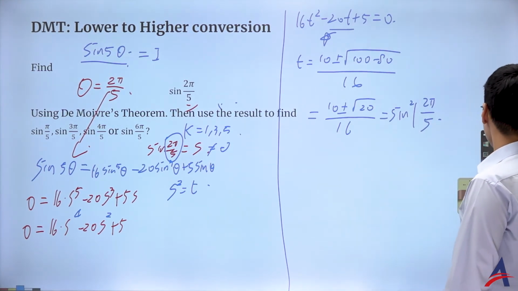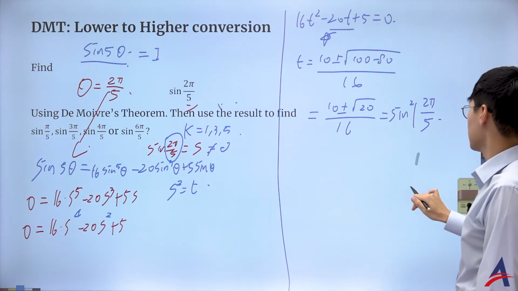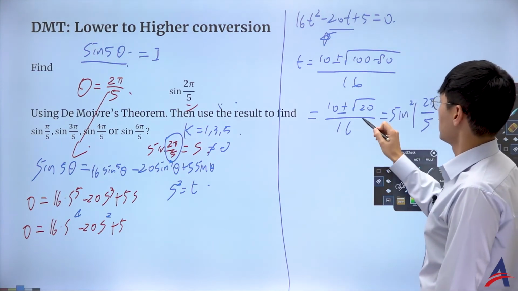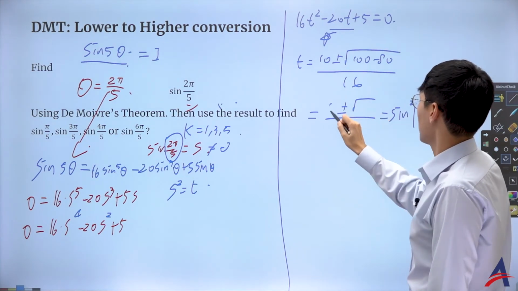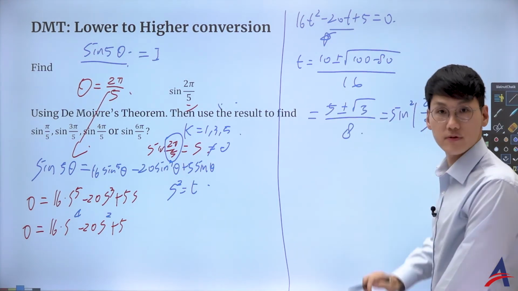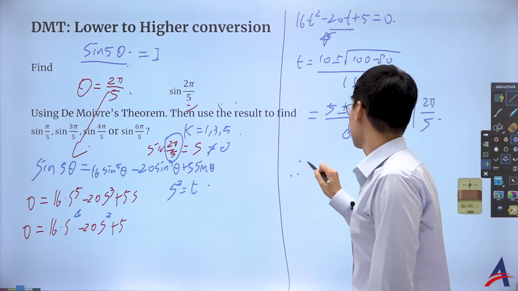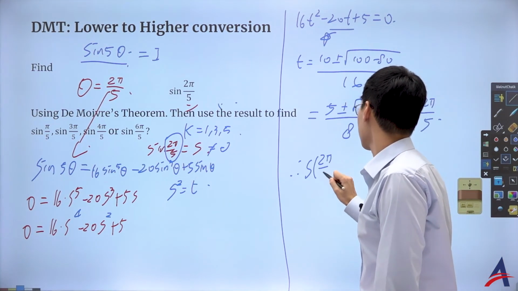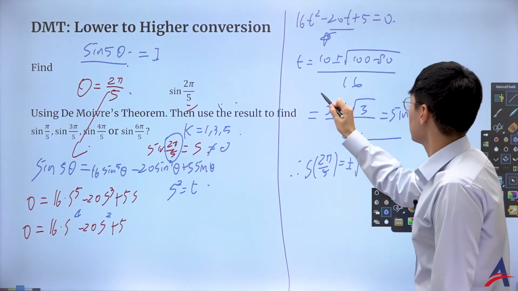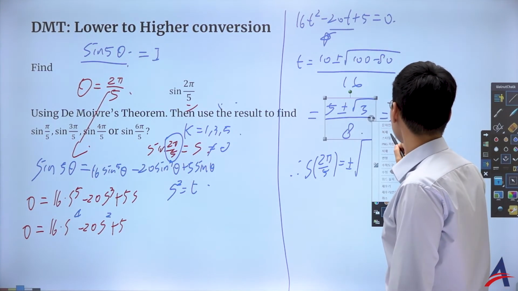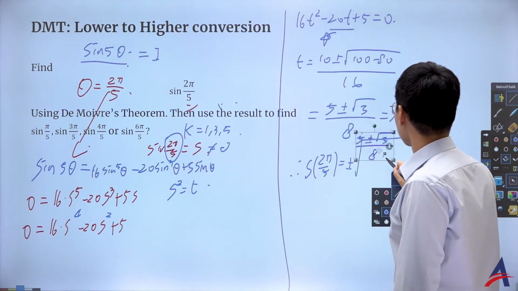If you simplify this further, what I realize is that it's going to be 5 plus or minus root 5 over 8. That's the simplified version. So sine of 2 pi over 5 will be plus or minus the square root of the inside of the square root. So that's what I've got.